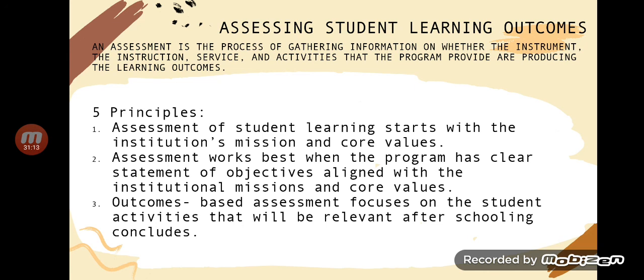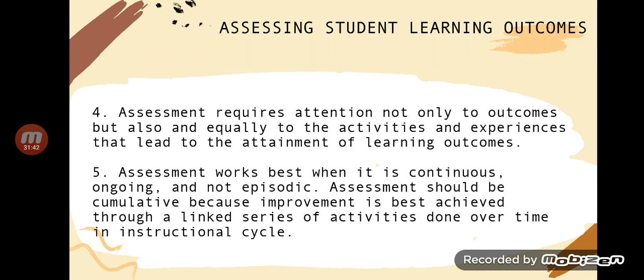And this outcomes-based assessment should focus on the student activities that will be relevant after schooling concludes. Meaning, don't teach your students things that cannot be used, that will not give the student any benefit at all. Teach them something that is relevant and significant that can be used in after schooling. They can apply it to make it more significant on the part of the students.